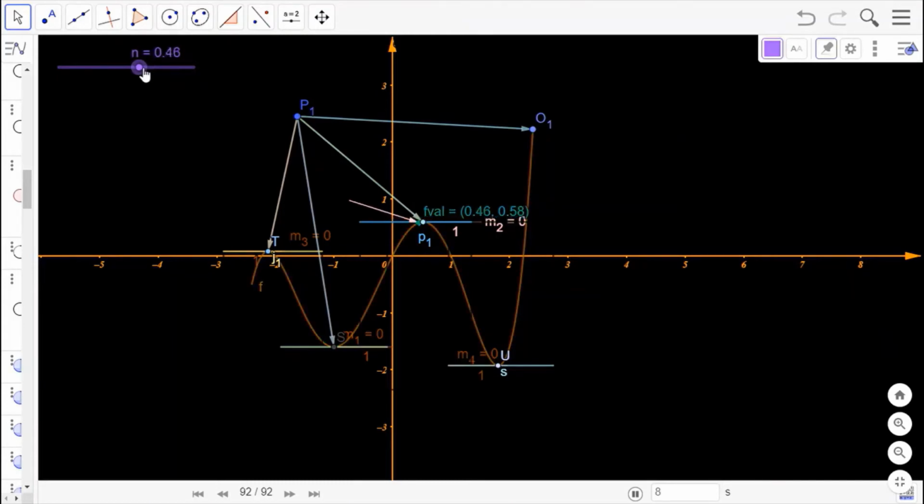This is the point of the local maxima, and here the slope of the curve is 0. Also you can look at this point. Here also the slope of the curve is 0, and this point also has slope 0, and this point also has the same thing. So what I conclude here is that whenever some function attains its local extrema value, then the slope of the function becomes 0.